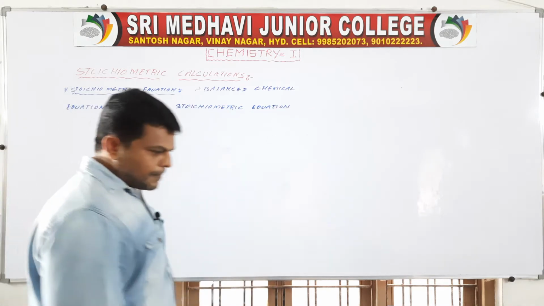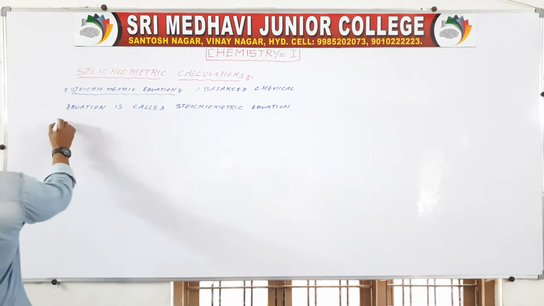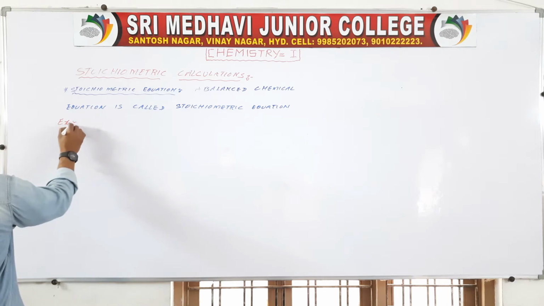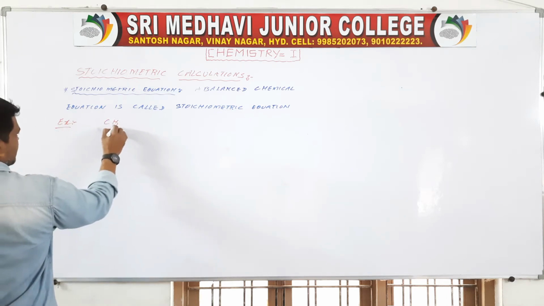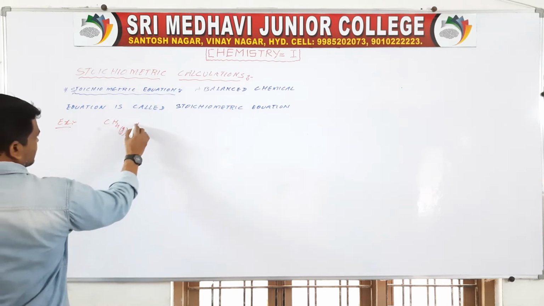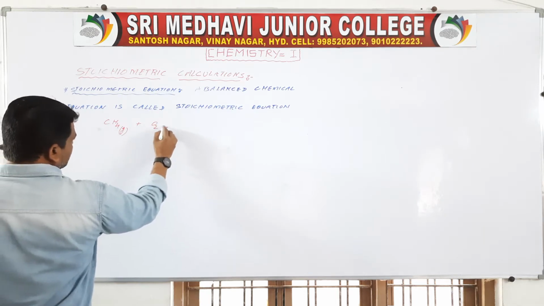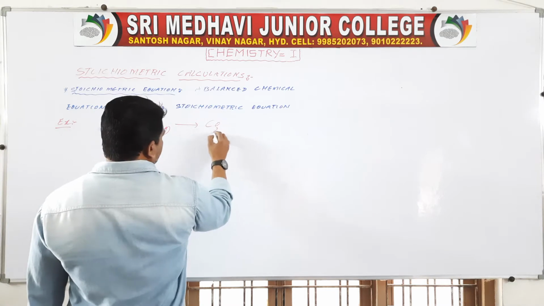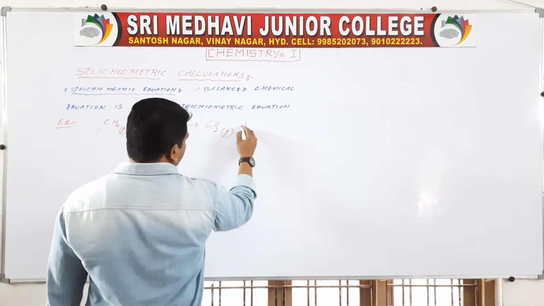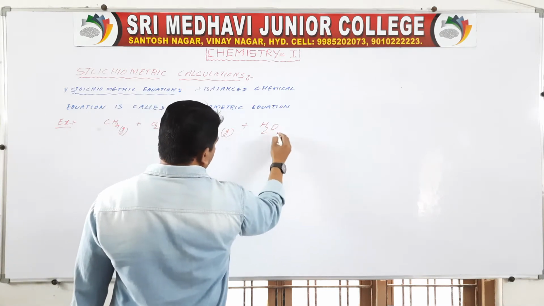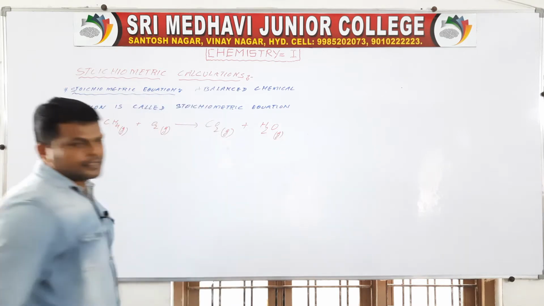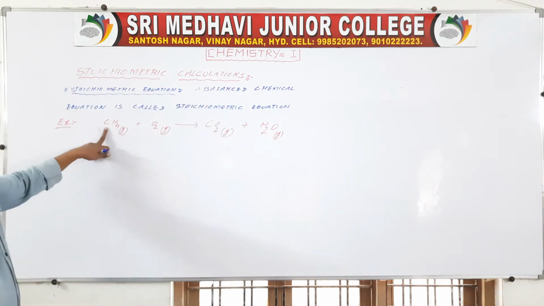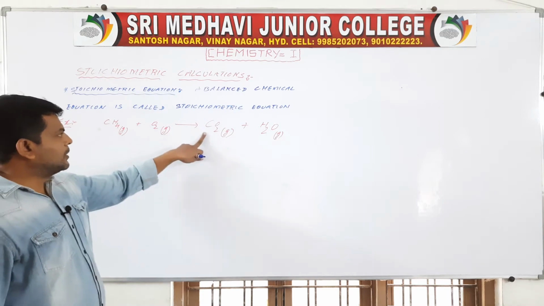Stoichiometric equation. For example, CH4 gas plus O2 gas gives rise to CO2 gas plus H2O gas. How many carbons? 1.